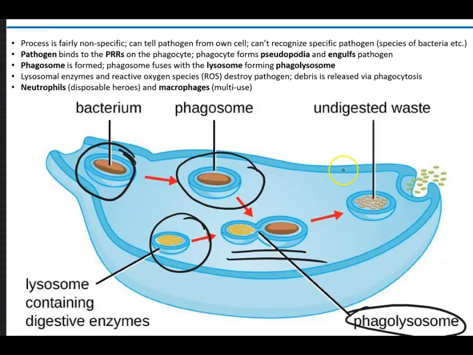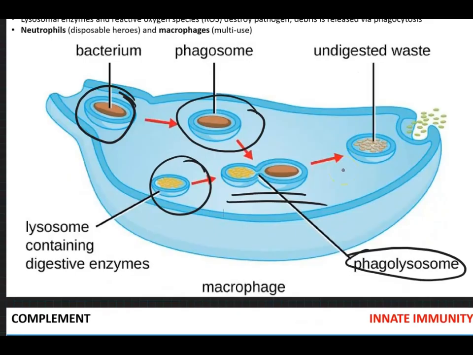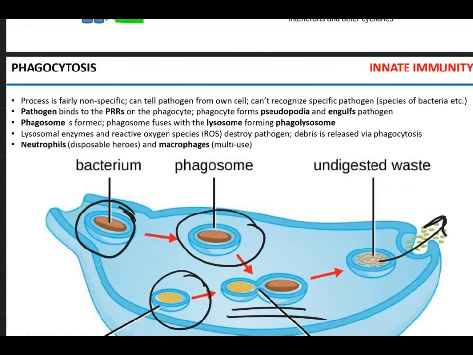Those digestive enzymes and acid and reactive oxygen species destroy bacteria, and then waste is released. Making sense? The process is really simple. Thing to remember, two main phagocytic cells, neutrophils. These are kamikazes. They phagocytose and die. Macrophages can phagocytose multiple times. Clear?